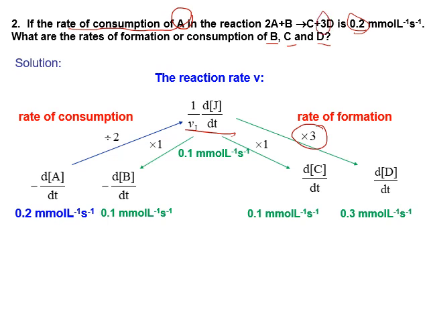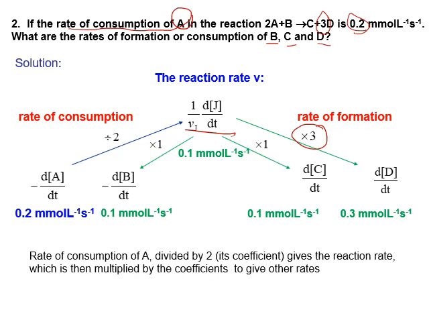And therefore the answer is 0.1 for B, 0.1 for C, 0.3 for D. And so the conclusion is, if we know one individual rate, in order to calculate the other individual rates, we first calculate the reaction rate. In this case, you divide by 2 to get the reaction rate, and then you multiply by the coefficient to get the other rates.